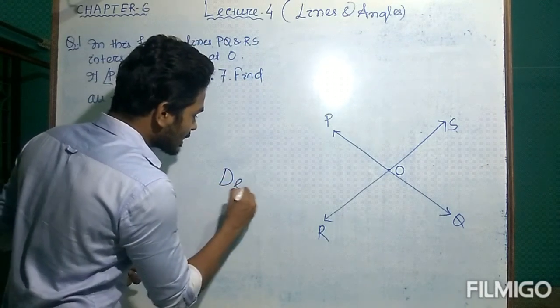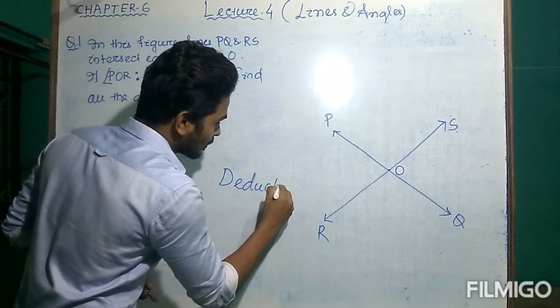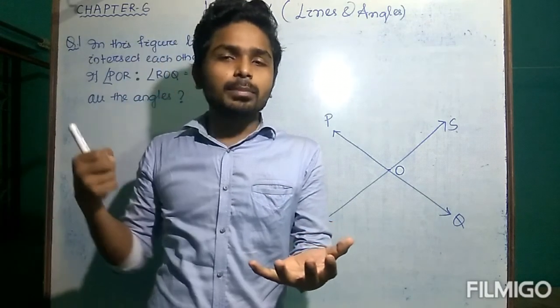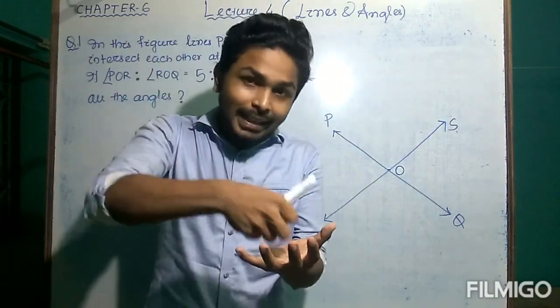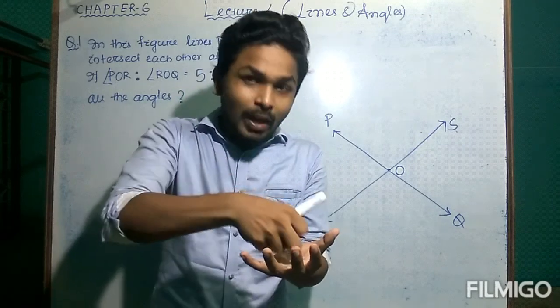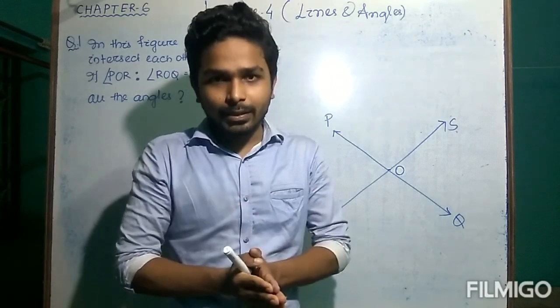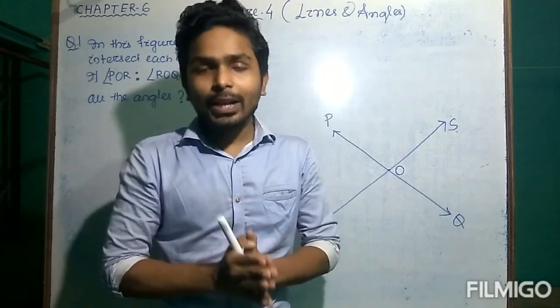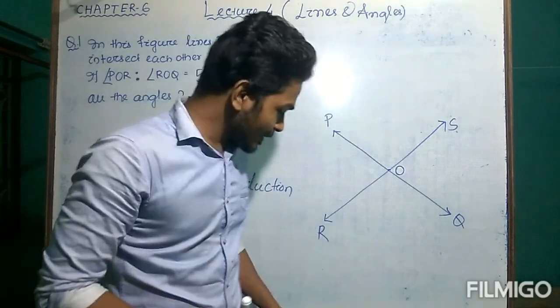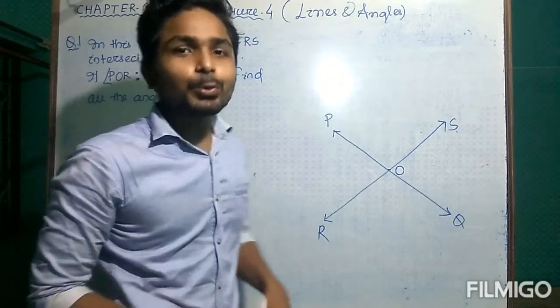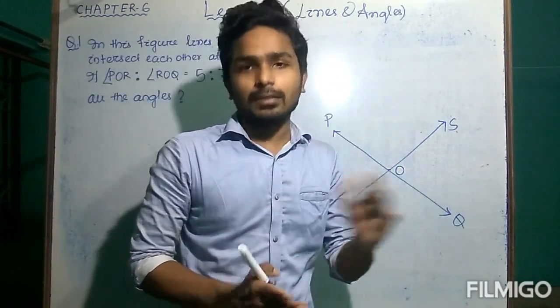Deduction means to deduce out something, to drive out something from a whole or from a concept, which is known as corollary or deduction. So in this lecture we are going to discuss 2 to 3 deductions, or you can say 2 to 3 problems based on the previous concept.